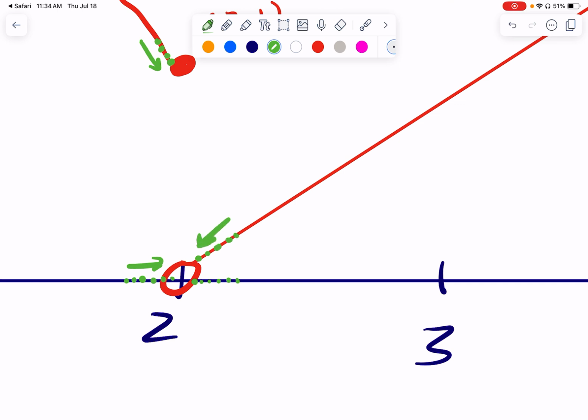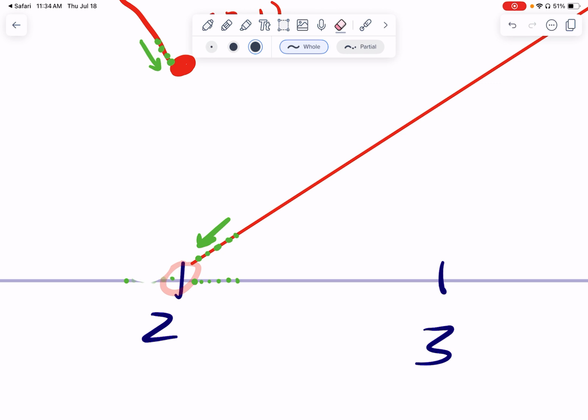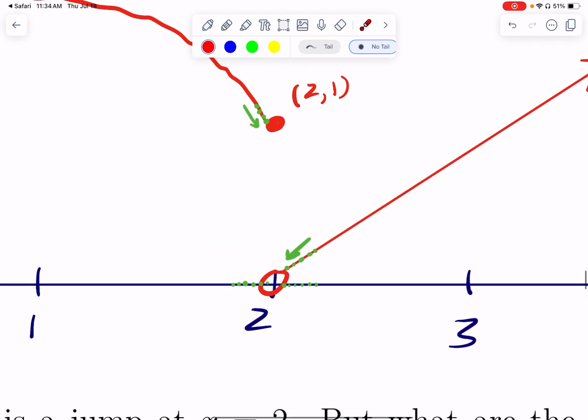As x goes closer and closer to 2, over there we're seeing y gets closer and closer to 0. So here my y values are headed towards 1. Here my y values are headed towards 0, but the x is the same. So what is our answer? If x is getting really close to 2, which y value are we getting close to? Is it 0? Is it 1? Is it halfway in between?